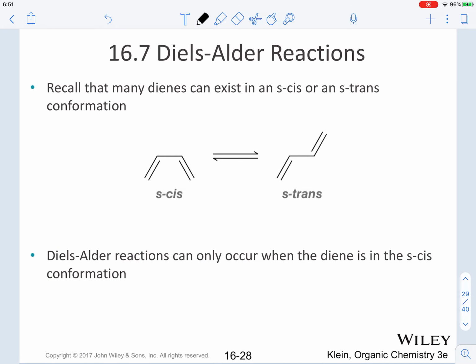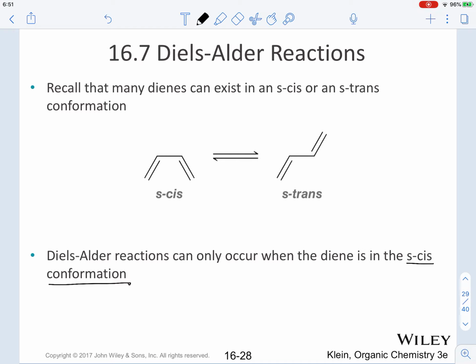Now, remember that when we introduced the idea of dienes, they actually have two conformations. We could have S-cis dienes, or we could have S-trans dienes. Now, in the Diels-Alder reaction, the reaction can only happen if our diene is in the S-cis conformation.